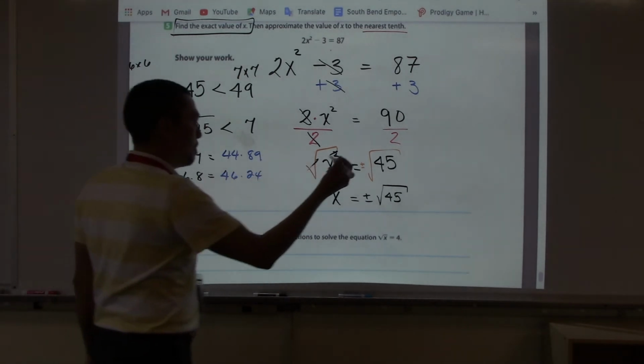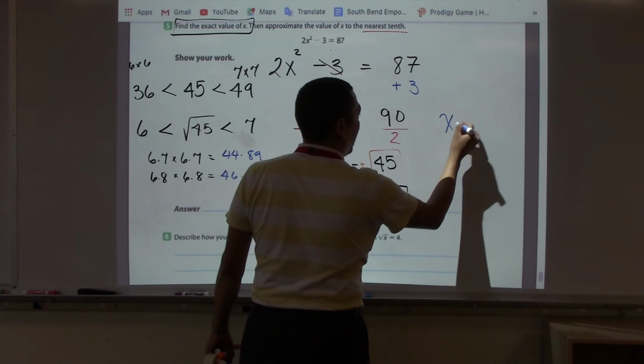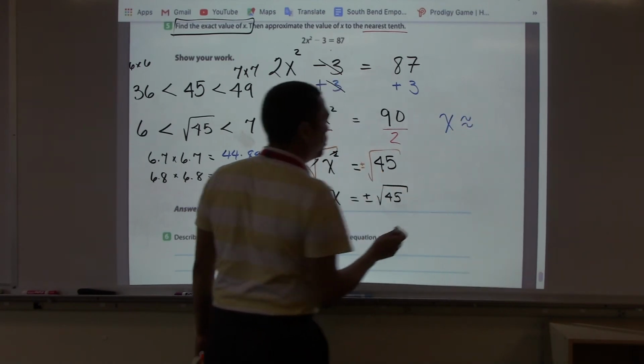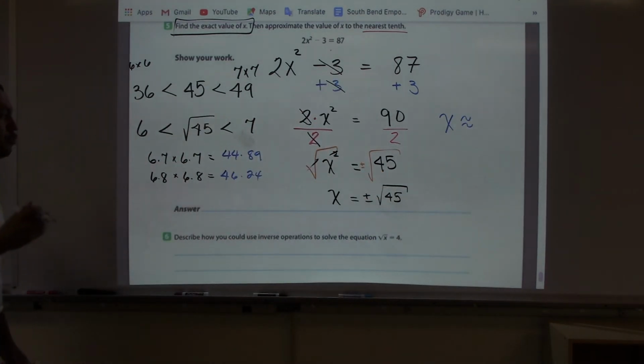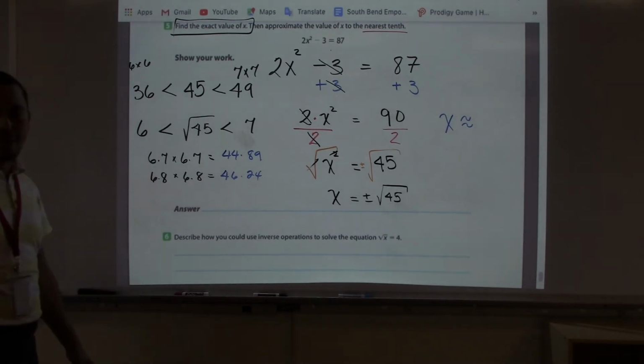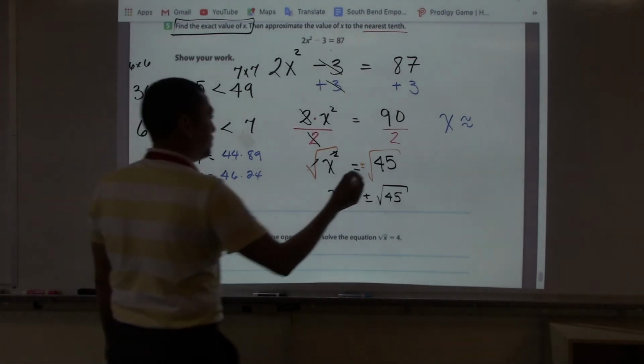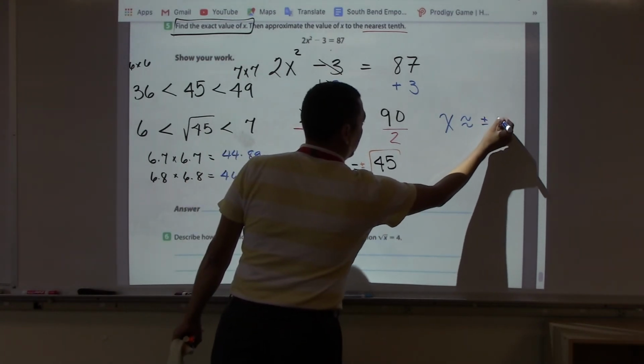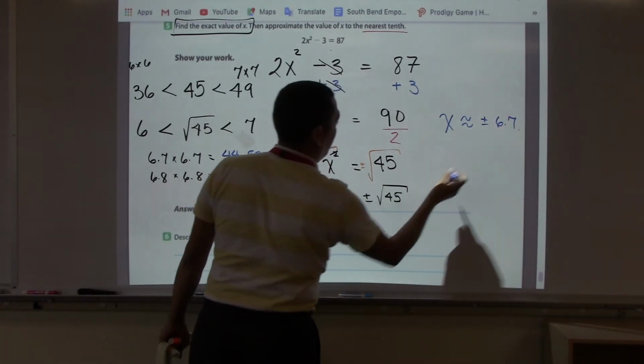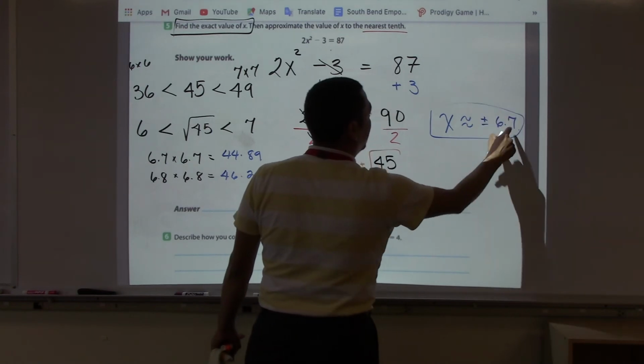So x is approximately equal to, which one would you choose? I'm going to choose 6.7, so plus or minus 6.7.